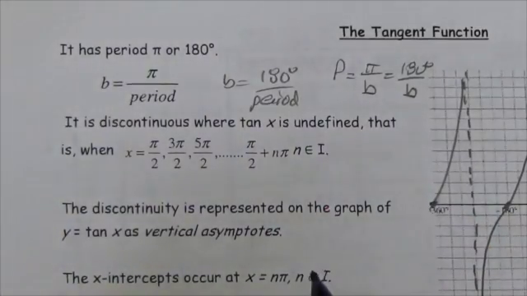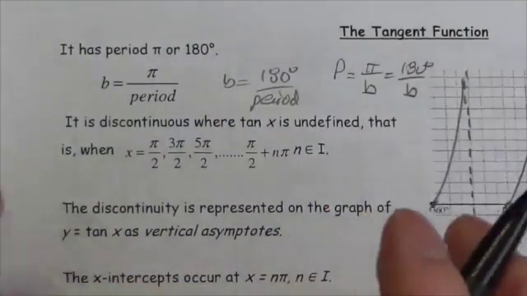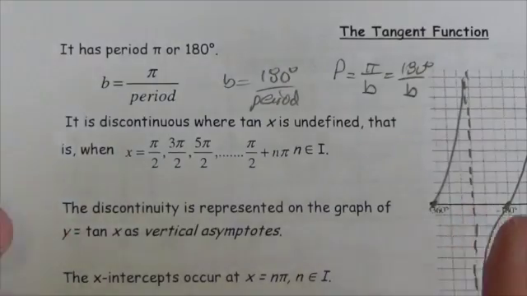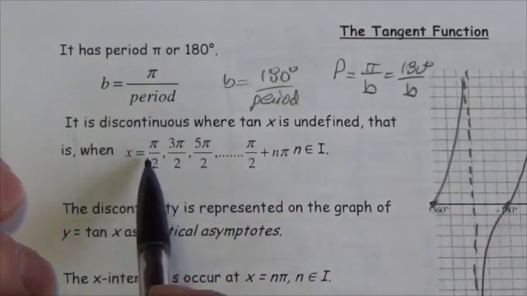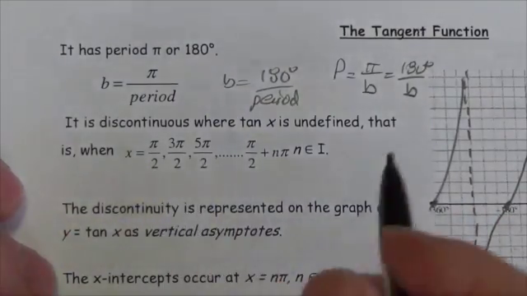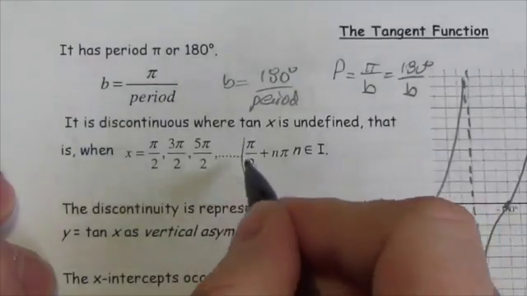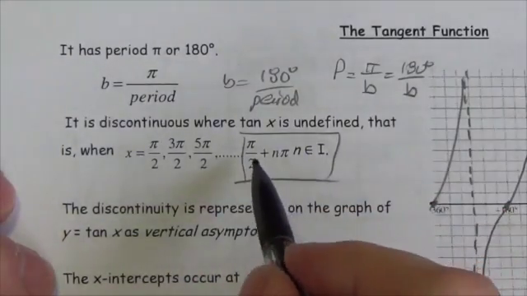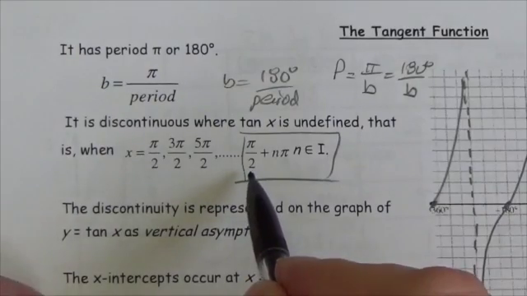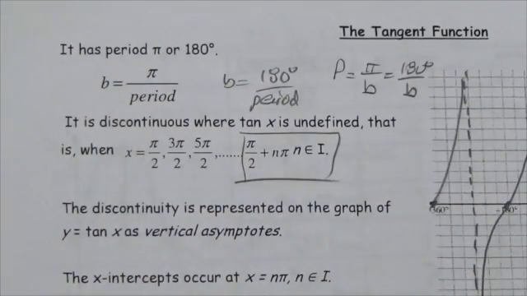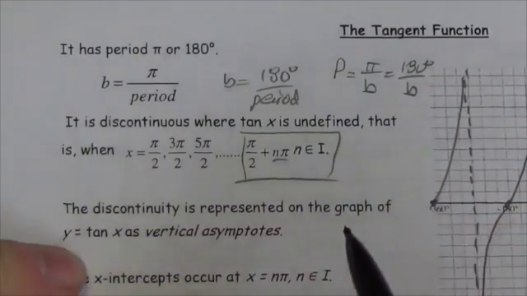It's 180. We've also got discontinuities. It's undefined at pi over 2, 3 pi over 2, 5 pi over 2. To shorten that up, it's undefined at 90 degrees or pi over 2 radians, and then it's going to be undefined every 180 degrees or every pi radians beyond that, every step of pi, because that's the period.